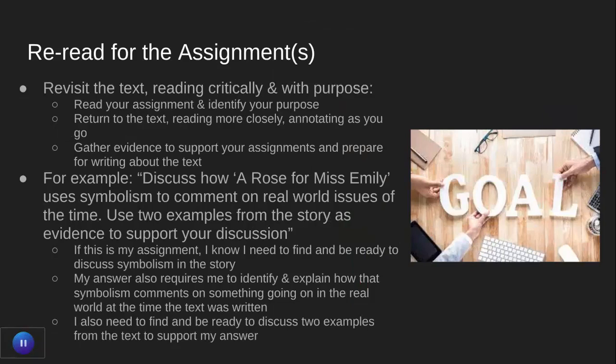I need to have something to say about how that symbolism connects to or comments on real-world issues at the time. And in the process, I need to use 2 examples from the text. So now when I'm looking at this text again, I'm looking with the purpose of identifying those things so that I'm ready to answer that prompt.